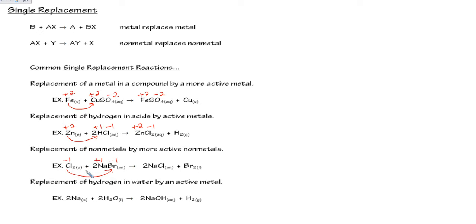You've got to think about the charges. If you're going to bond something new with sodium, it's got to be another negative. And then I would write my formula, check my charges, and then check to see if that other element is diatomic, which bromine is.